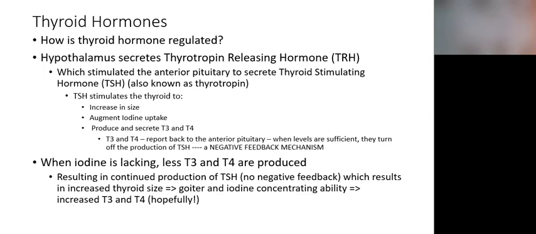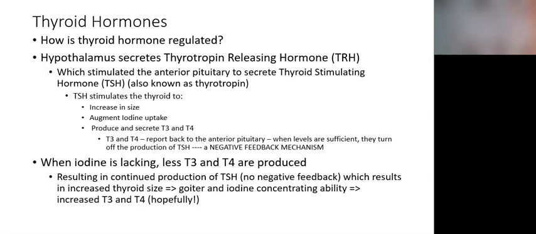The thyroid stimulating hormone causes the thyroid to make T3 and T4. The T3 and T4 report back to the pituitary. If there is sufficient, the production of TSH is reduced. If insufficient T3 and T4, TSH is still secreted and more thyroid hormone is made and secreted.